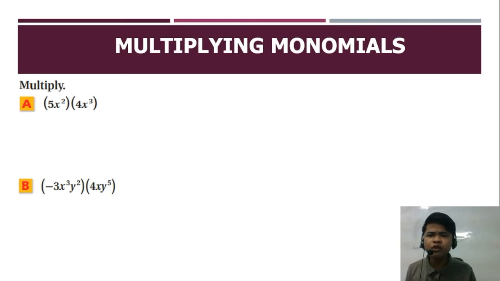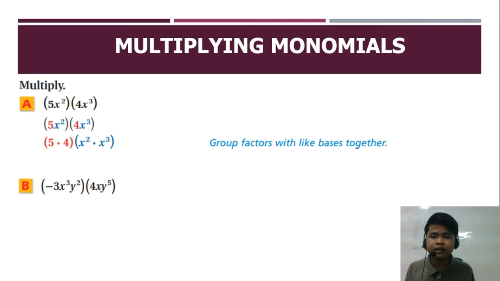So how can we group like bases together? We will group the constants and we will group the variables. Just like this one. As you can see, we group the constants and we group the variables.